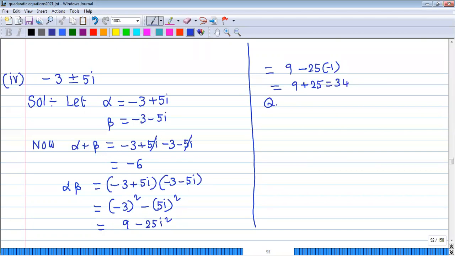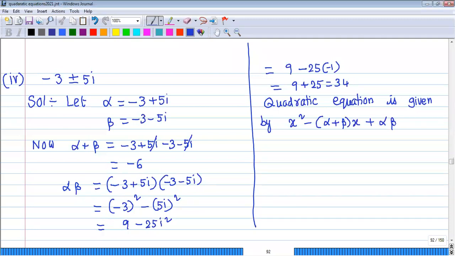Now the required quadratic equation is given by x square minus sum of the roots multiplied by x plus alpha beta equals 0. Let us substitute the respective alpha plus beta and alpha beta.